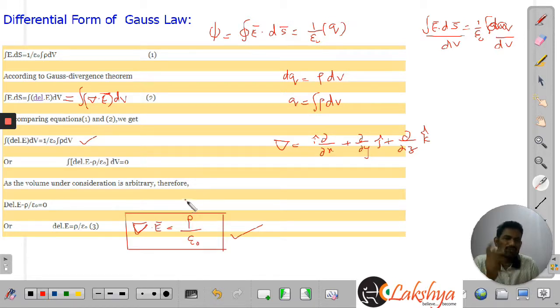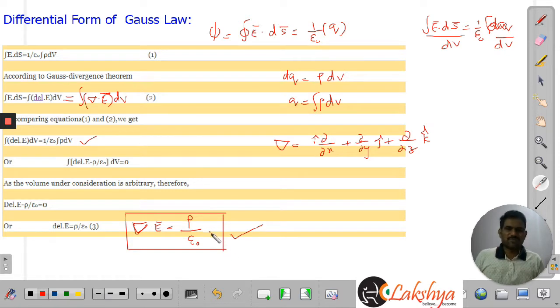Now, if the electric field has only an x component, like E naught into x, then this expression we can write as dou E by dou x is equal to rho by epsilon naught. That is nothing but electric field per distance. So you can simply understand that this form is similar to dividing both sides with the volume. Then you will get a form like this.